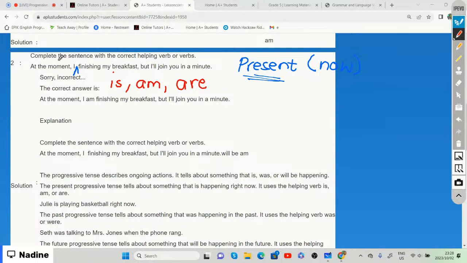So, do we say at the moment I is finishing my breakfast, but I'll join you in a minute? Or do we say at the moment I am finishing my breakfast, but I'll join you in a minute? Or do we say at the moment I are finishing my breakfast, but I'll join you in a minute? So, which is the correct helping verb to complete our sentence?